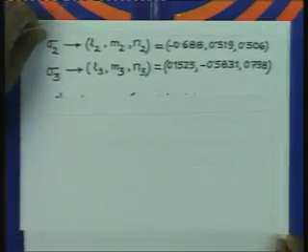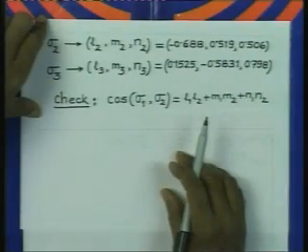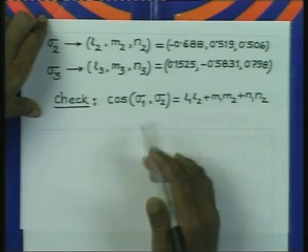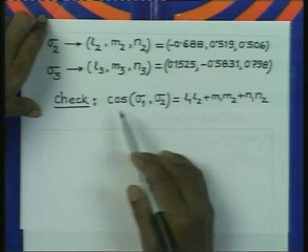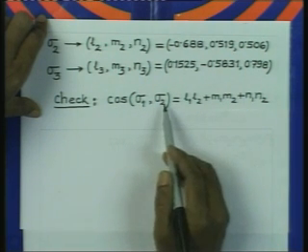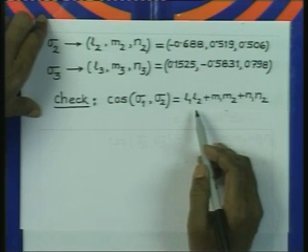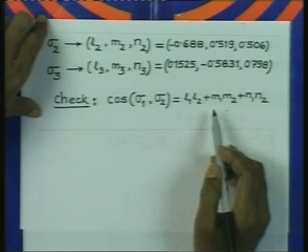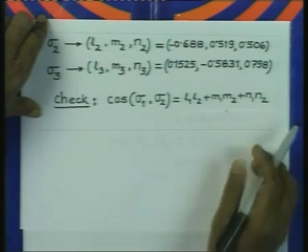Now, you have got the results, you can check whether the direction cosines are all right. We know that the directions sigma 1 and sigma 2 are orthogonal, and the cosine of the angle between the two directions sigma 1 and sigma 2 is going to be given by L1 L2 plus M1 M2 plus N1 N2.